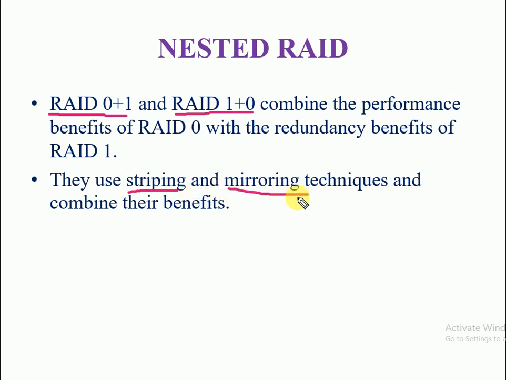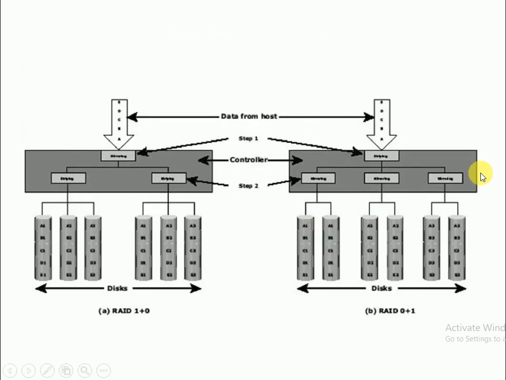So if we mix both techniques into a single RAID standard, you can utilize the benefits of both of these methods. In one example, this portion is using striping and this portion is using mirroring.